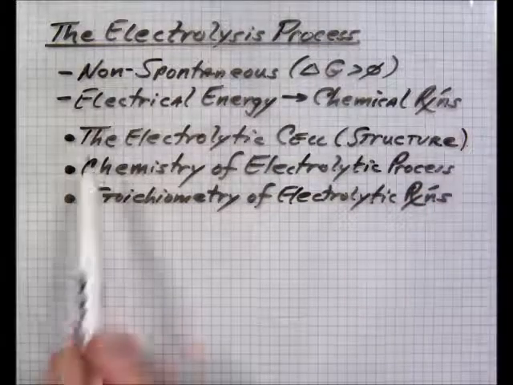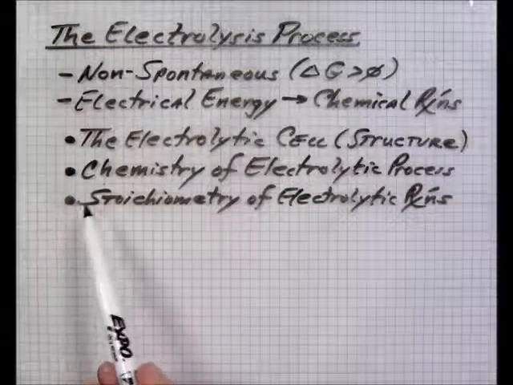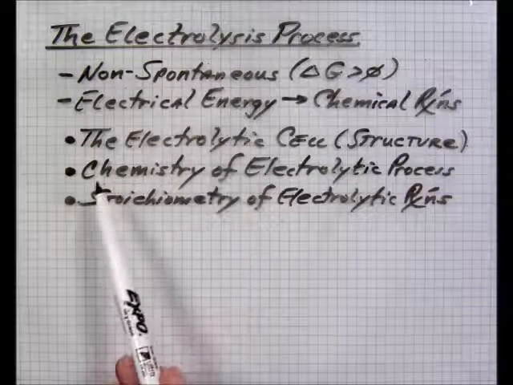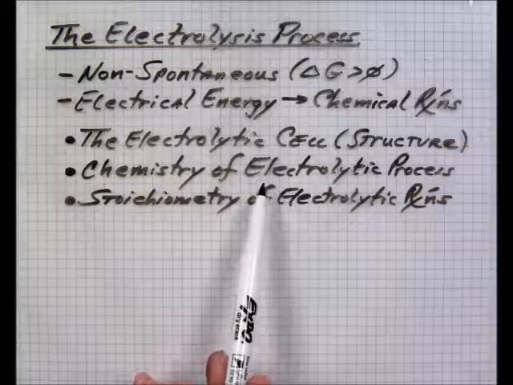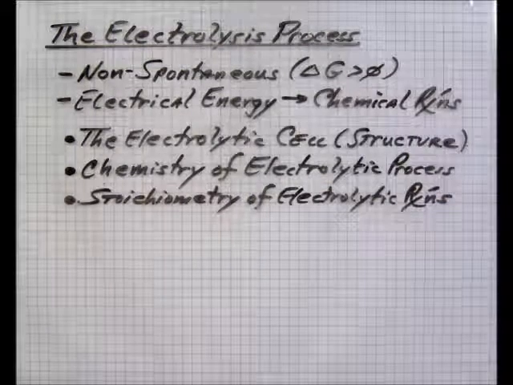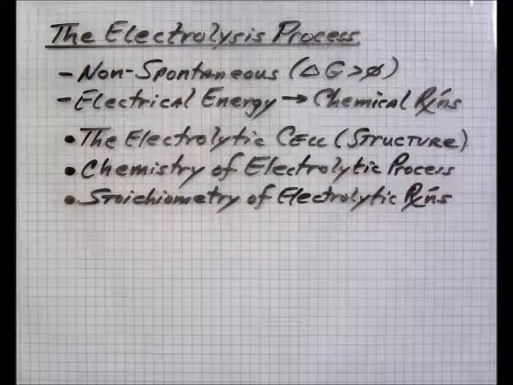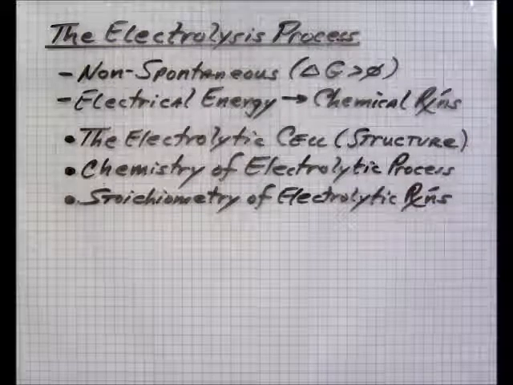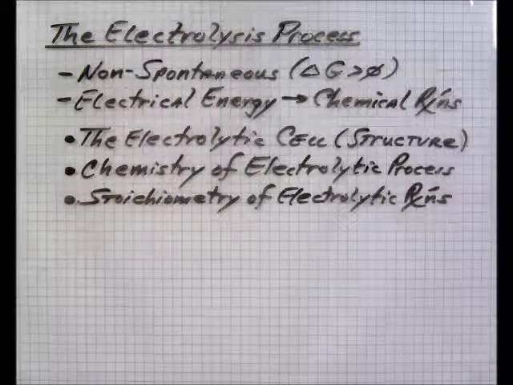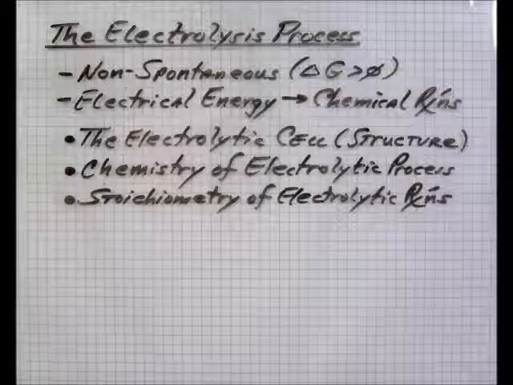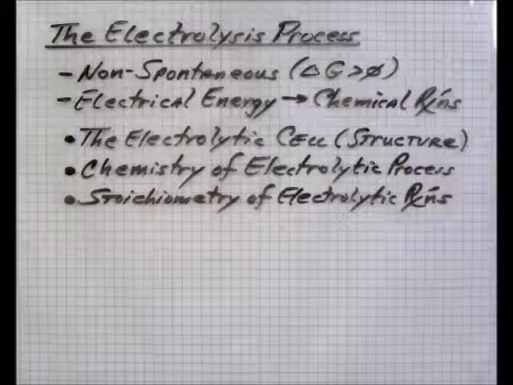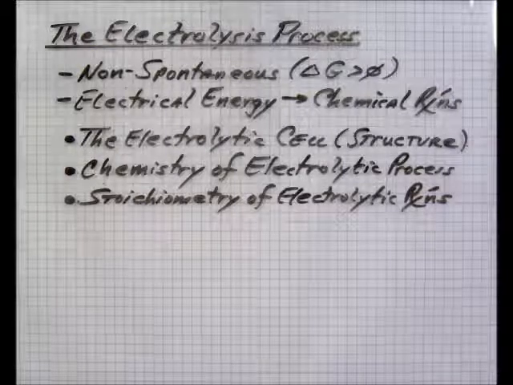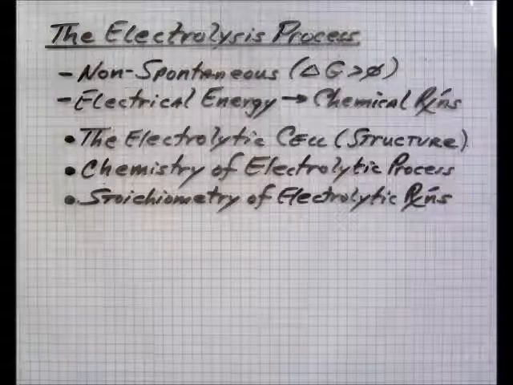Once we understand the terminology and structure of the cell, then we'll look at the chemistry of the electrolytic process, and then finally work some problems in stoichiometry of electrolytic reactions and predicting how much of a metal can be deposited. Copper plating, chrome plating, gold plating are some of the terms you've heard in application.